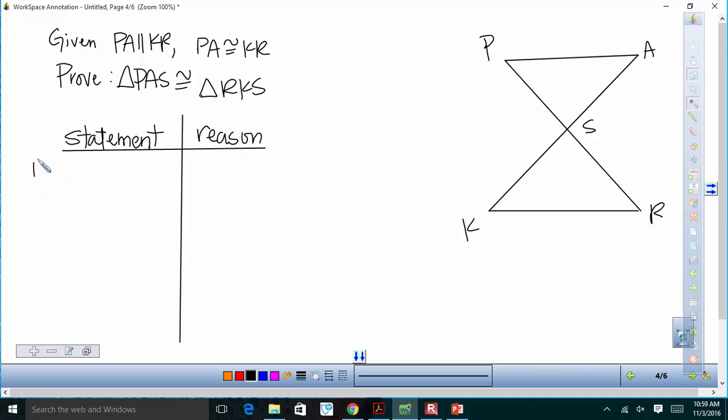Okay, so my first thing that I write is my given. So PA is parallel to KR, and PA is congruent to KR. And that is because it's given. Okay, so let's label that. PA is parallel to KR means that I'm going to put these arrows on it.